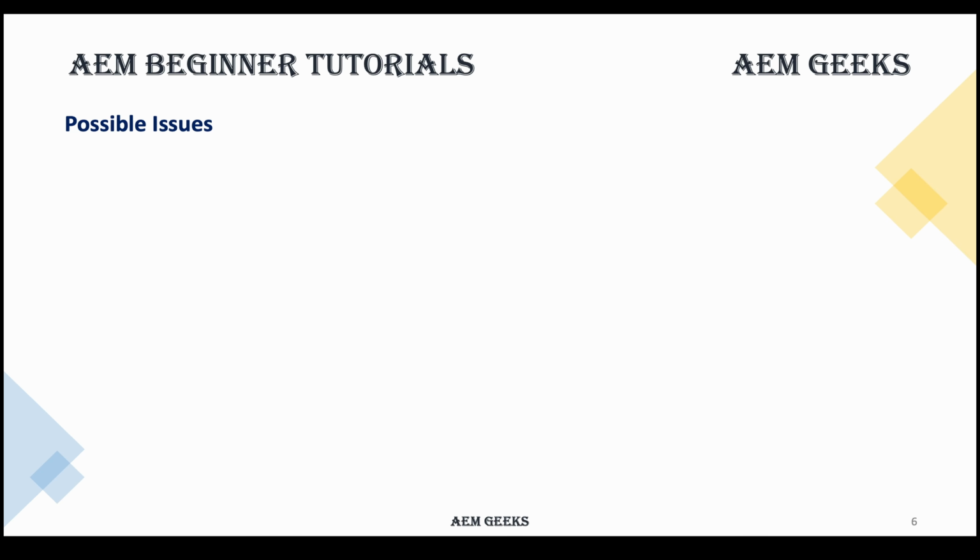So before we move on to the demo, I'll show you that in detail. There are a few issues you can have on your machine the first time. First thing, if you are on Windows, especially on Windows, and you are using command prompt to create projects, open that command prompt in administrative mode, right? If you just open the command prompt, you might get errors while creating the dispatcher module.